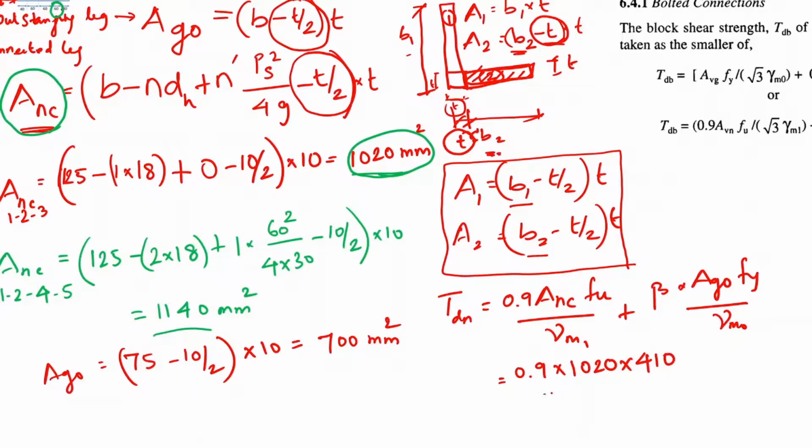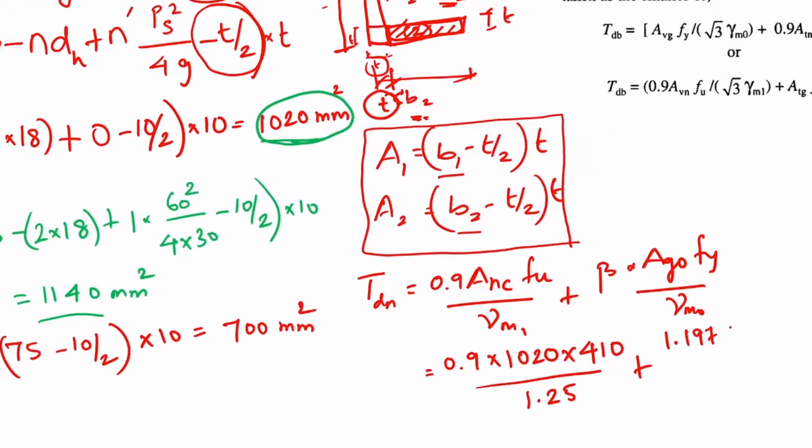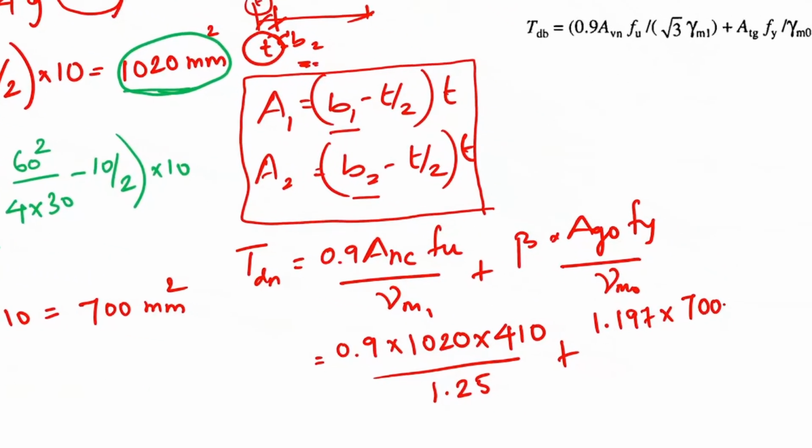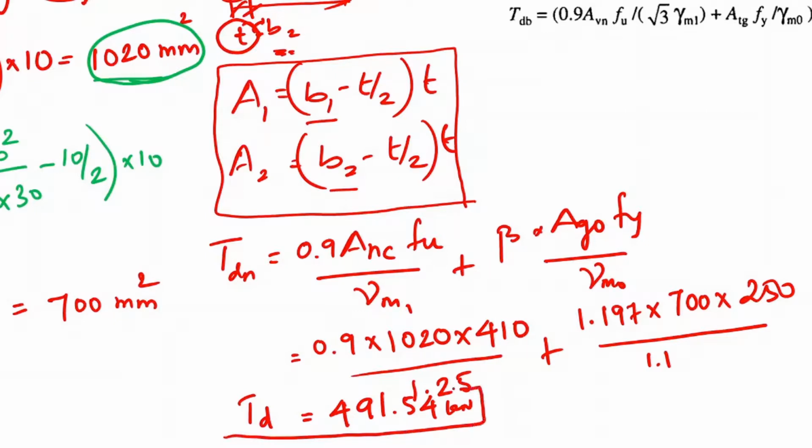The ultimate tensile stress of steel is 410 by 1.25, plus beta value 1.197. The gross area of the outstanding leg is 700 multiplied with 250 upon 1.1. So the value we are getting is 491.54 kilonewton. So this is the rupture strength of the single angle connected to the gusset plate, 491.54 kilonewton.